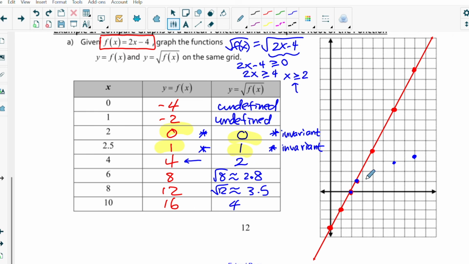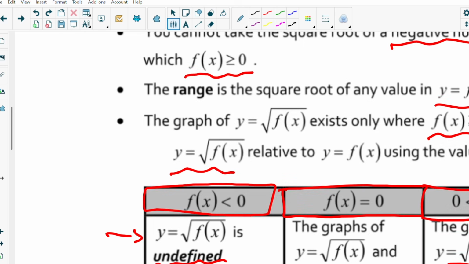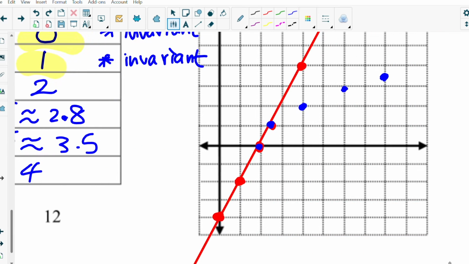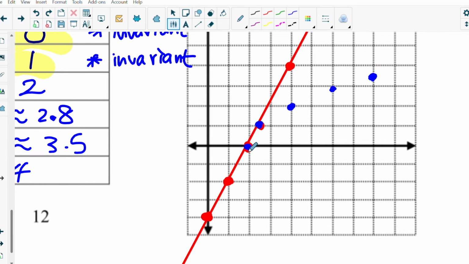Okay, so when I draw this in, let me zoom in so you can see where the graphs overlap. And this is very subtle, this part right here. I'm zoomed in because I just want to bring your attention to this part, which is between 1 and 0.